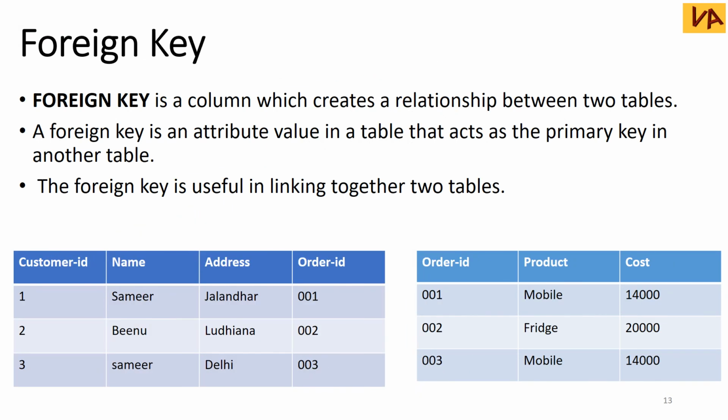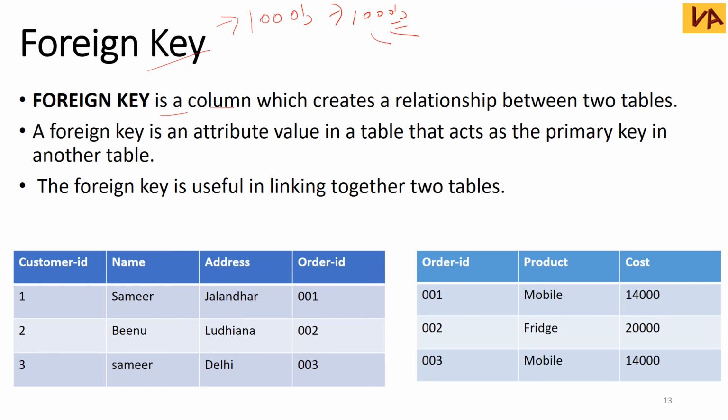Talking about the foreign key: it is a column which creates a relationship between two tables. As you know, there can be 1000 records and 1000 tables in a database. So we need to make relationships between the tables so that we can easily create connections and access the data in an easy manner, right?